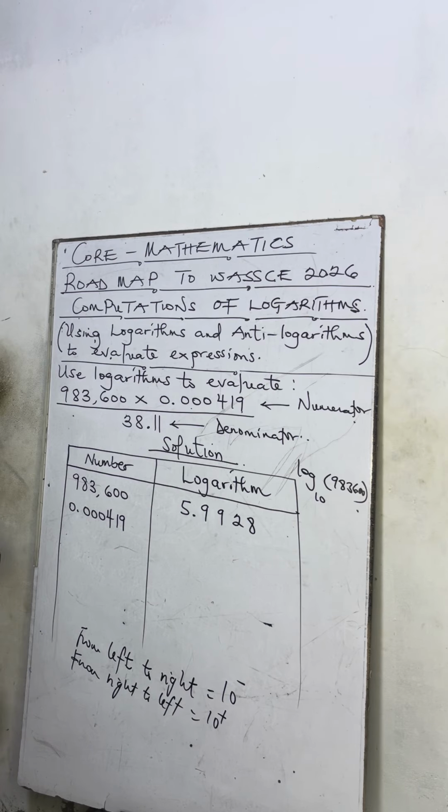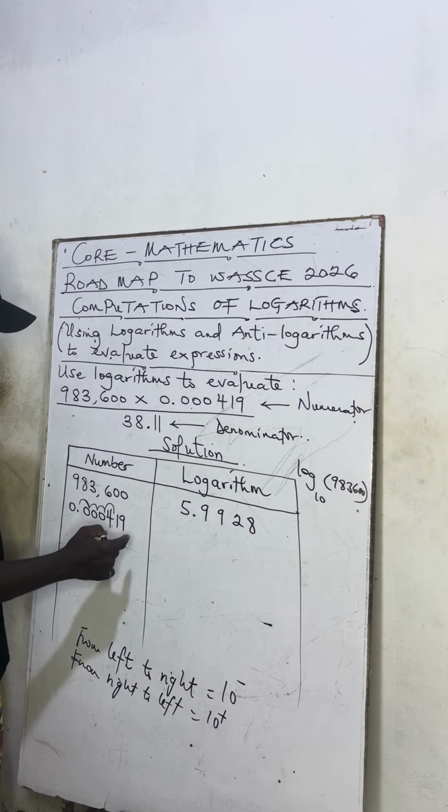So let's check the movement. We move it 1, that's 1, 2, 3, then 4. So it must be here. Which means we get 4 point what?